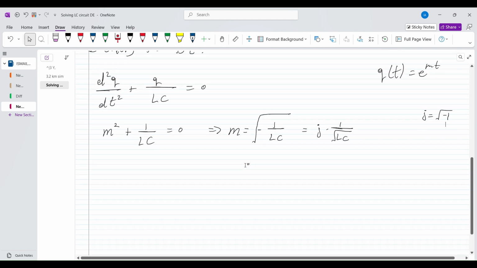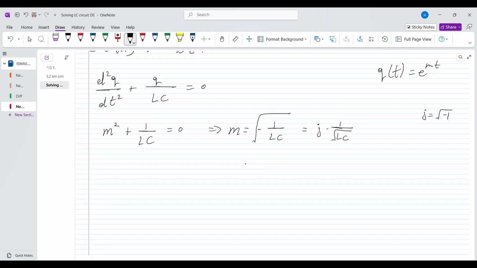So m, which is this constant here, is of course this quantity right here. But of course we forgot something. We forgot the plus minus signs here. So plus minus. And that's it. We found m.